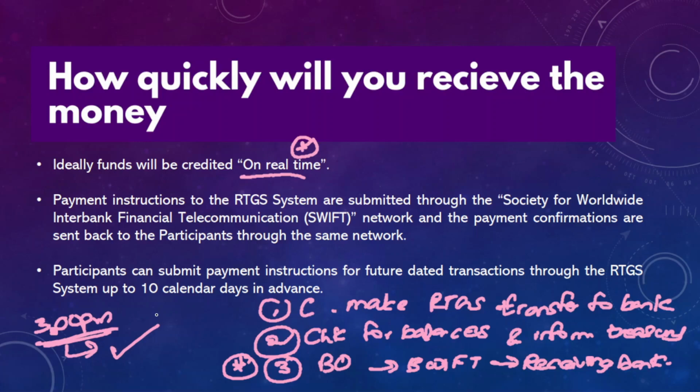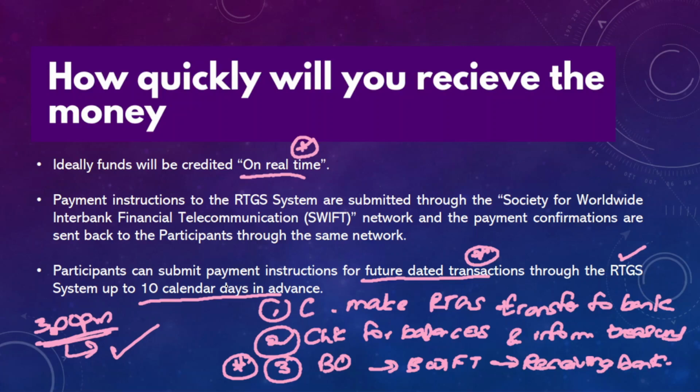There is another way that you could do your transactions through RTGS. You could make a future dated transaction. You're not going to make the transaction today, but you need to do a future dated transaction. Then also you could use RTGS, but the catch point is that they allow you to do a future dated transaction as long as the transaction date or the value date is within 10 days in advance.